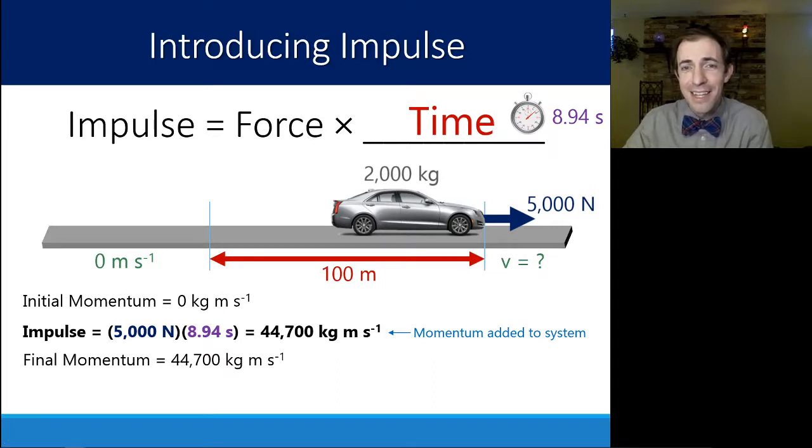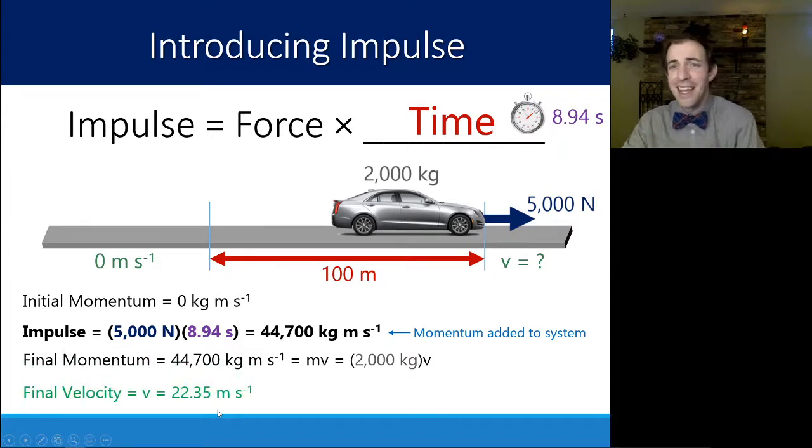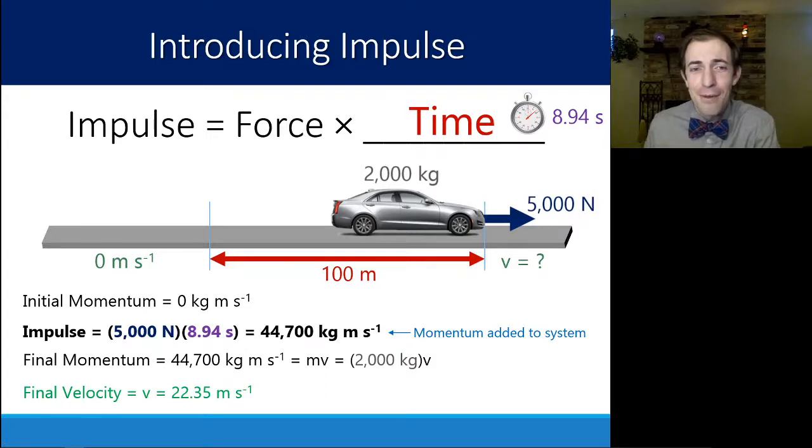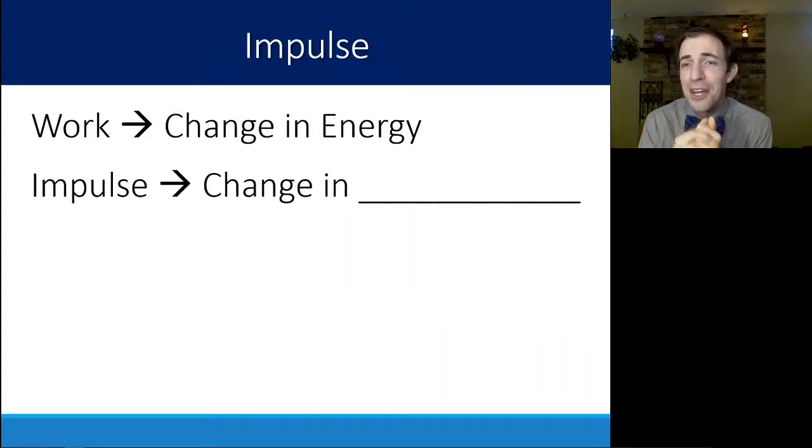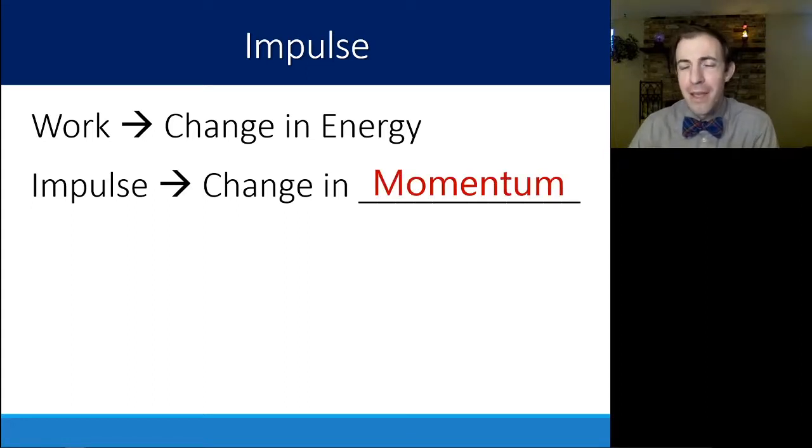If I want to calculate the final velocity here, I know that the momentum is mass times velocity, which is 2,000 times v. The only unknown is v. I can solve for that, and I get roughly the same answer that I did solving with work and energy, about 22.35 meters per second. So work can change your energy. Impulse can change your momentum.